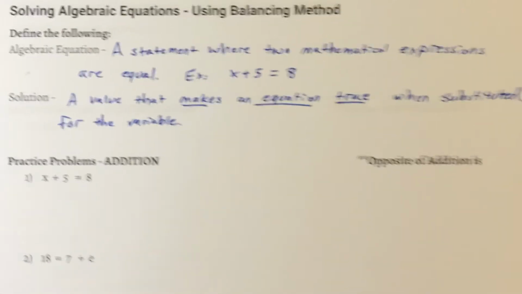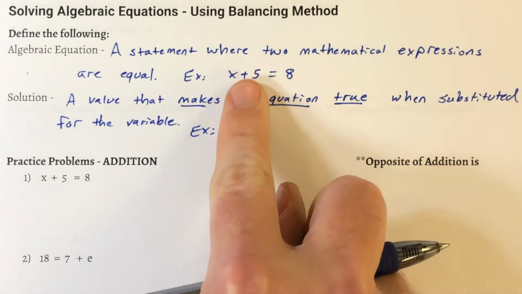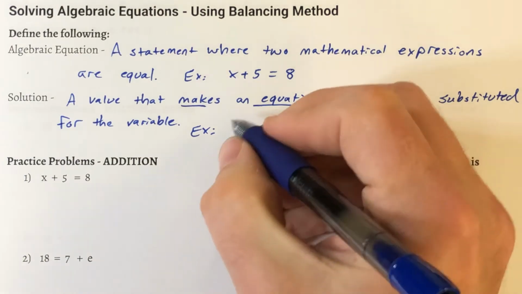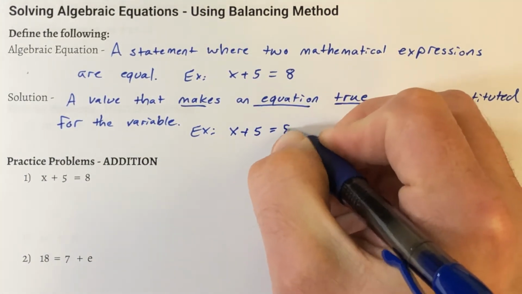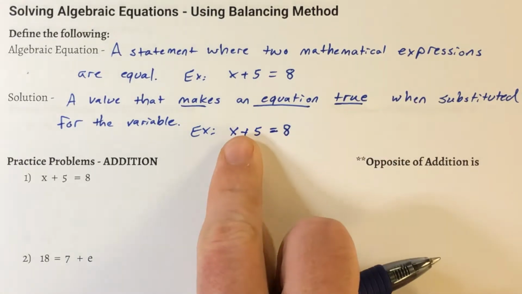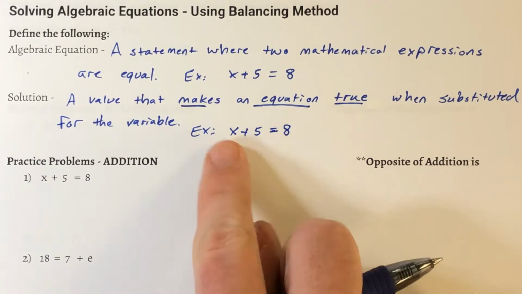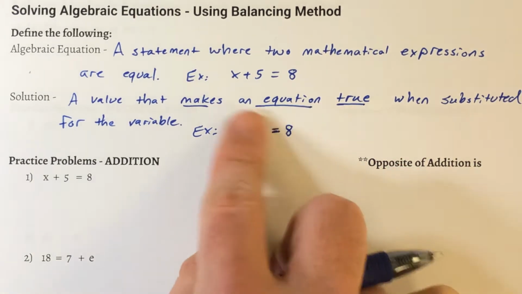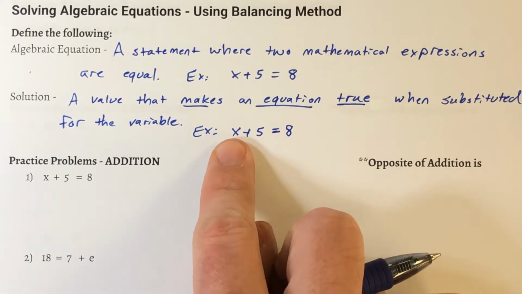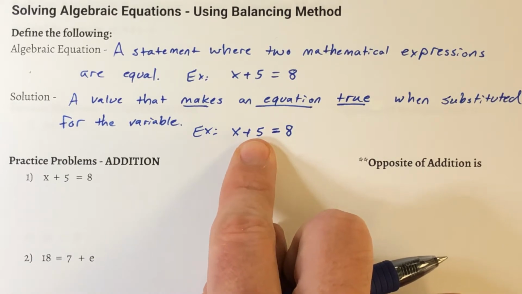So quick example. Let's look at the equation we wrote in our first definition. So x plus 5 equals 8. So the solution would be whatever x is, or whatever x needs to be to make this true. So if this is the same thing as 8, I need x to be whatever it needs to be to add to 5, and I would have to get 8.